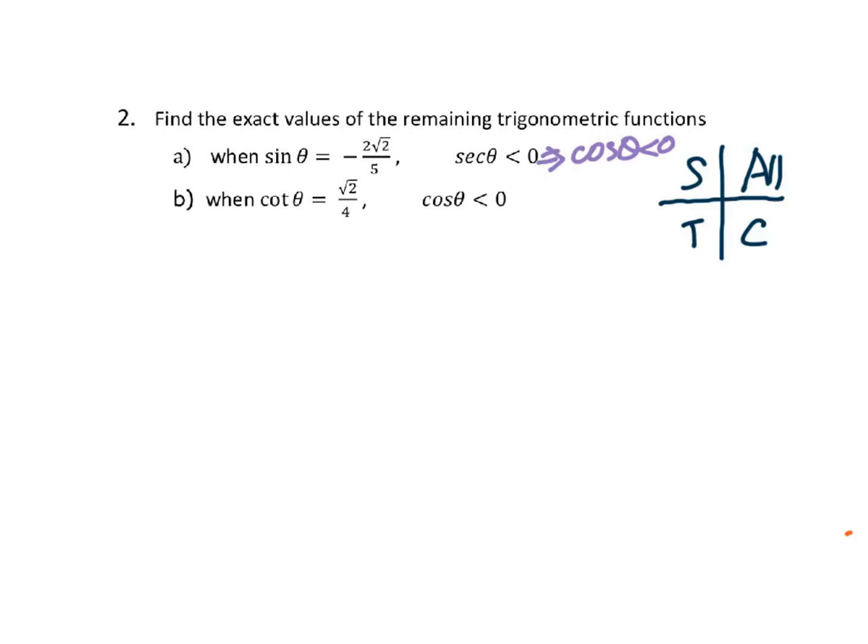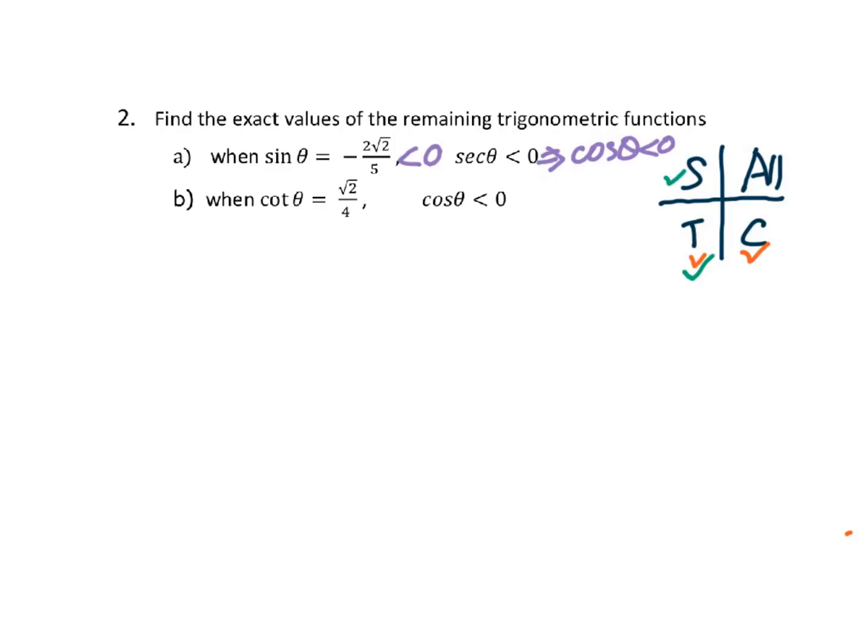Sine theta less than 0 is in quadrants 3 and 4. For cosine less than 0, we know that will be quadrants 2 and 3.